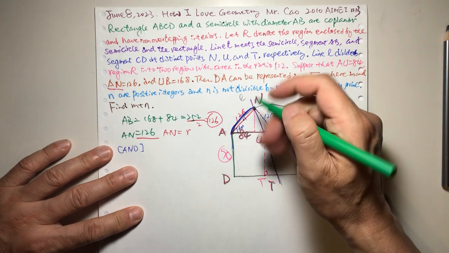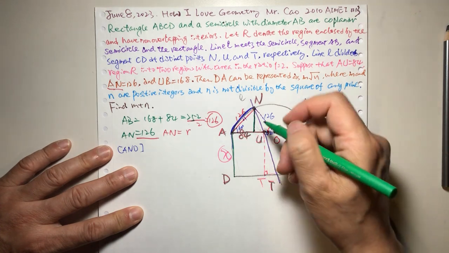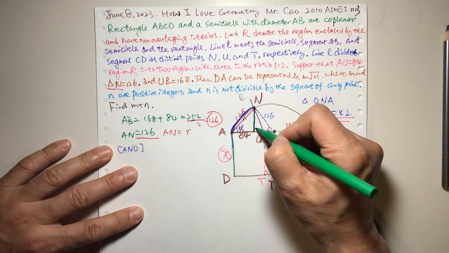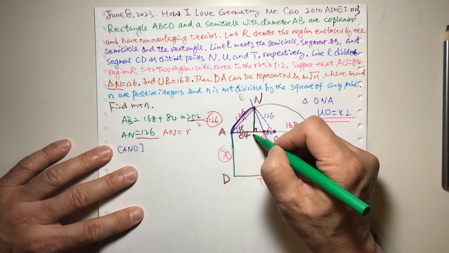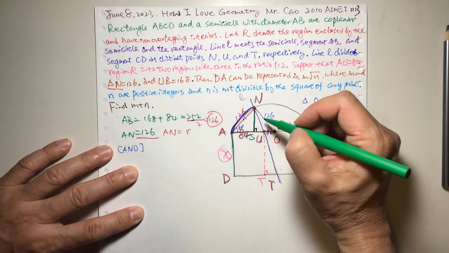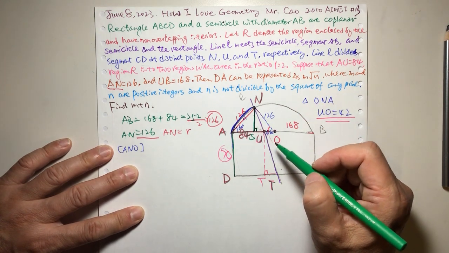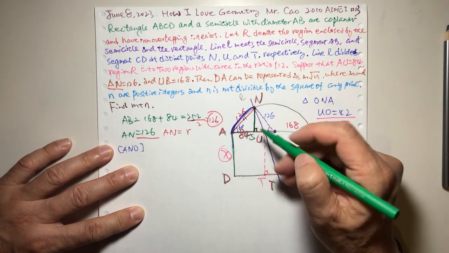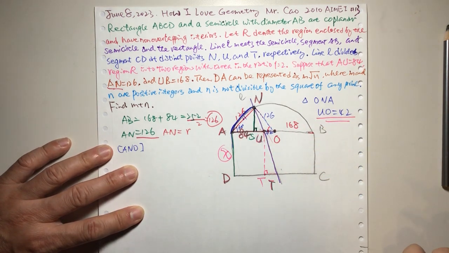We just want to get the height of this part, right? From N, we draw the perpendicular segment meeting at, we can call it S, NS, right? This is the height of triangle NOU. So now we can find the equation.